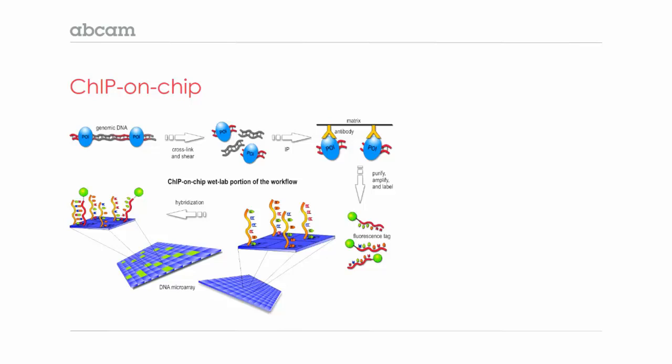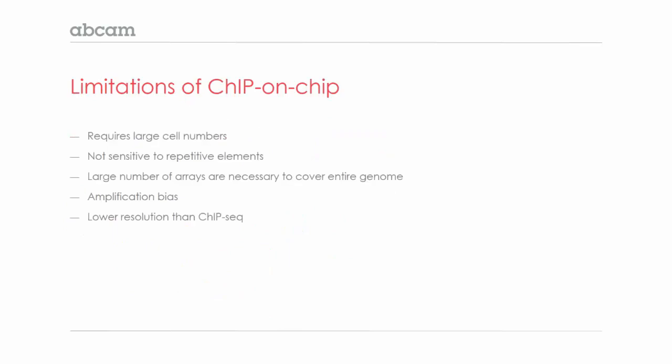The ratio of signal from the fluorescent labels of the ChIP DNA and control DNA allows enriched regions to be identified.